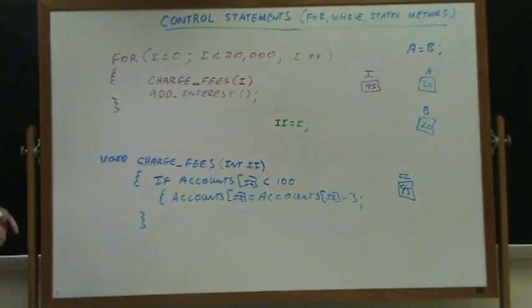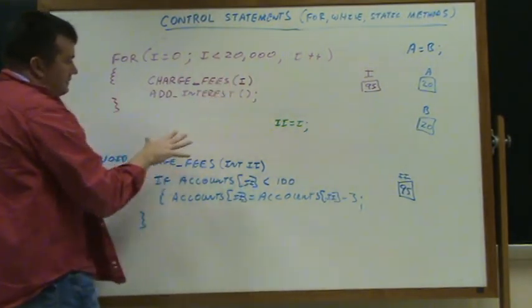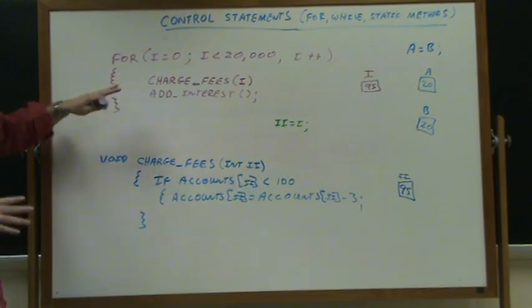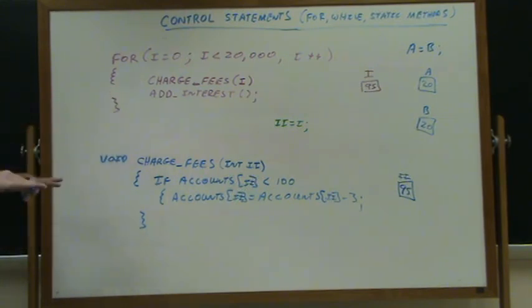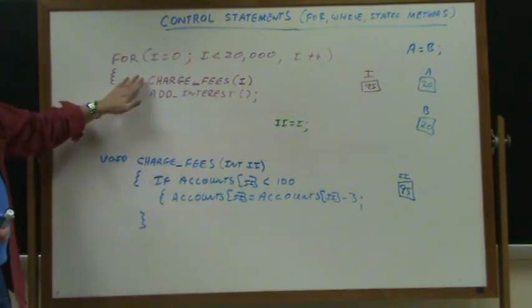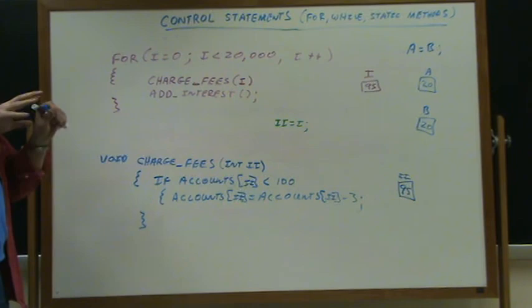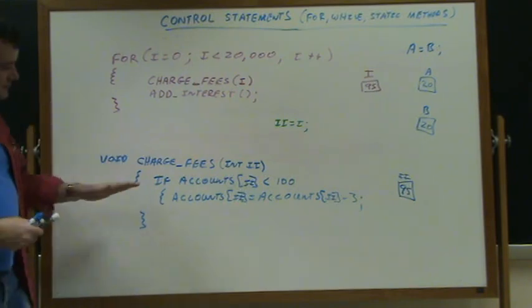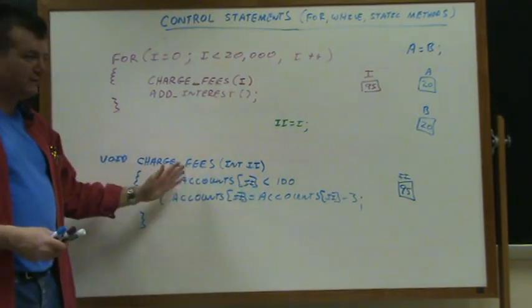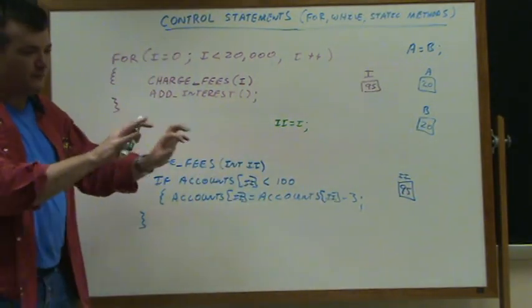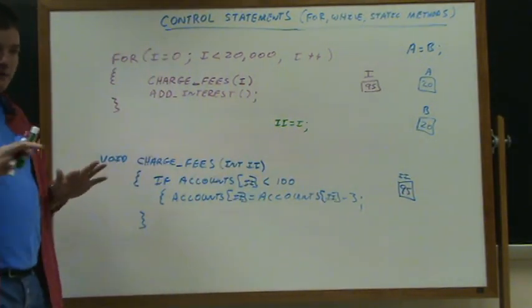We can actually take any subset of tasks, any set of lines, and make them separate and give it a method name, and then anybody who wants to perform that particular task can just call that method. So if there were 3 other applications that also charge fees that the bank wanted, it wouldn't make sense to write the logic, you know, like if your account balance is less than 100, then we subtract the $3 fee, 4 different times because it's needed by 4 different things.